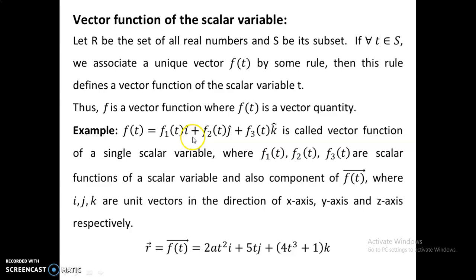These i cap, j cap, k cap are the unit vectors in the direction of the x axis, y axis and z axis respectively. For example, f of t equals 2t square i plus 5t j plus (4t cube plus 1) k. This is one example of a vector function of the scalar variable t.